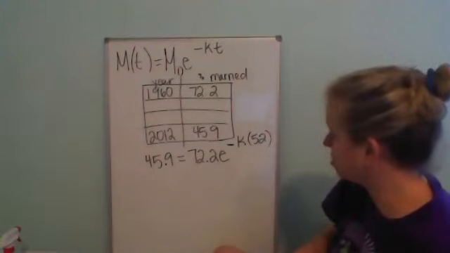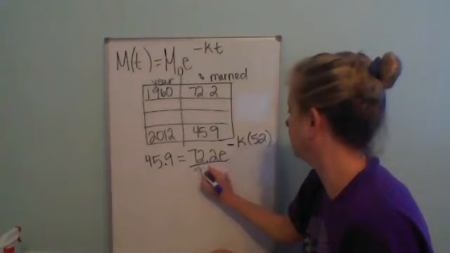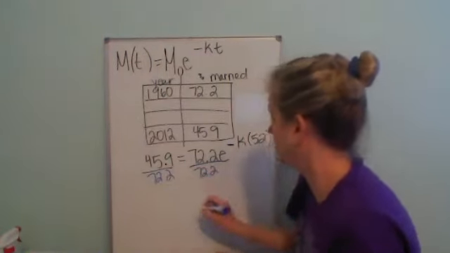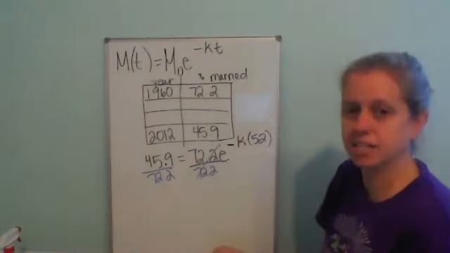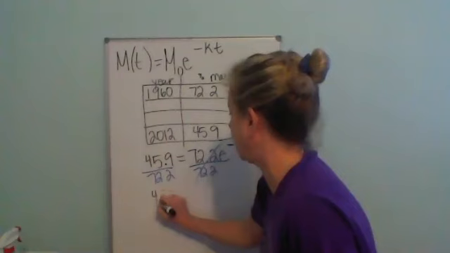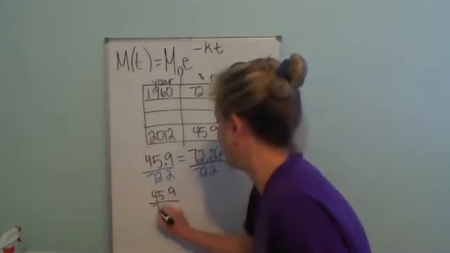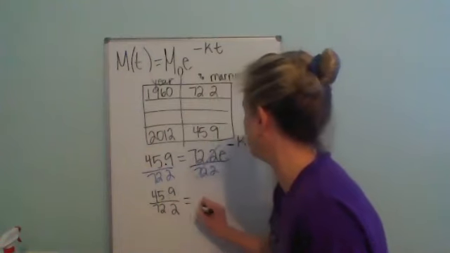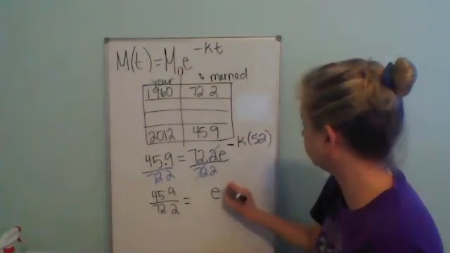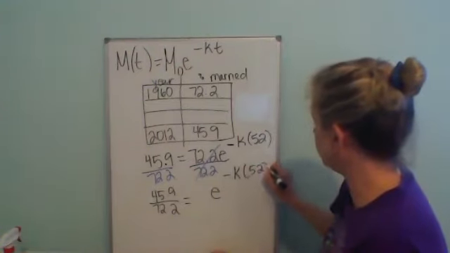But before I can do that, let's get rid of the 72.2. Since it's hooked on, I'm just going to divide by it. So on the left, don't even do this math, just keep it like that: 45.9 over 72.2 equals, I still have e to the negative K times 52.